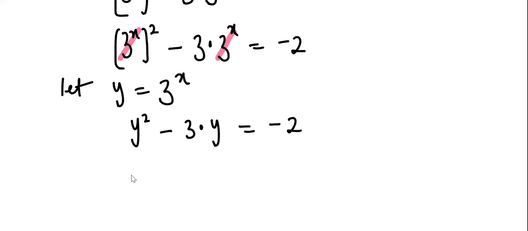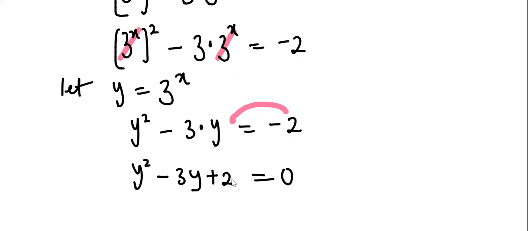Rewriting this equation, we have y squared minus 3y, moving the negative 2 to the side, plus 2 equals 0. Solving the quadratic, we can use the factorization approach.